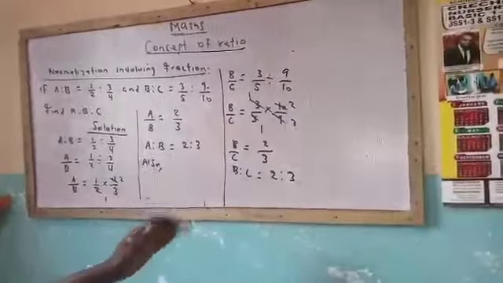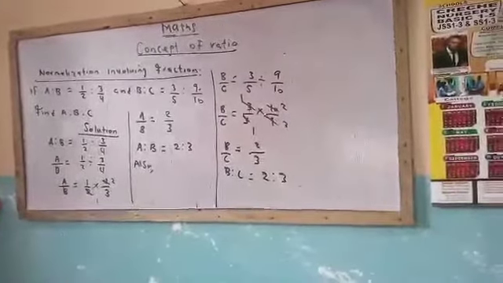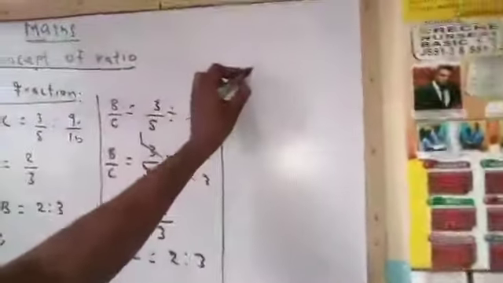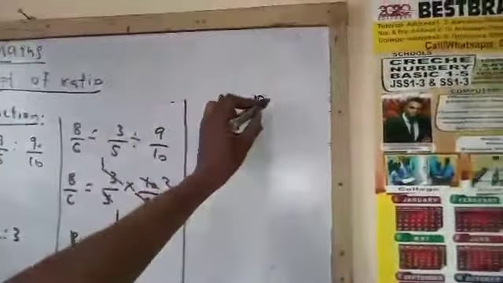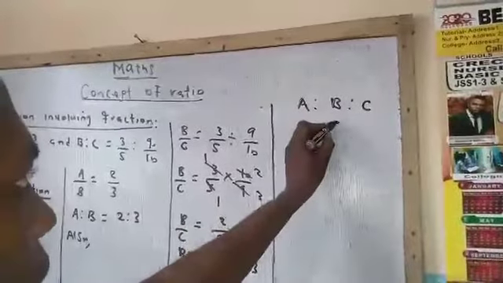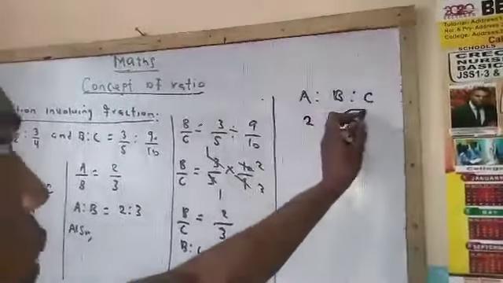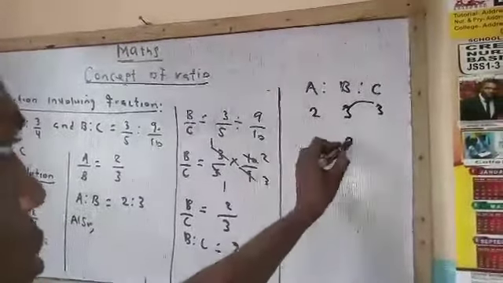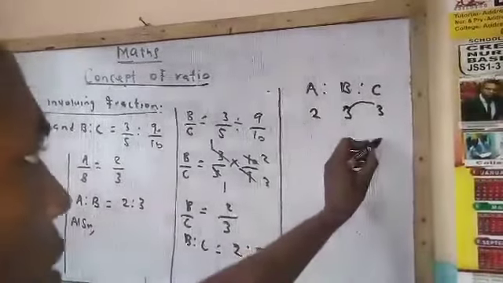Then I can now decide to apply either trick 1 or trick 2. So if I go by trick 1, I have A ratio B ratio C. What is my A in the first one? My A is 2. What is my B? My B is 3. Now you move out 3. In the second case, B is 2. C is 3.